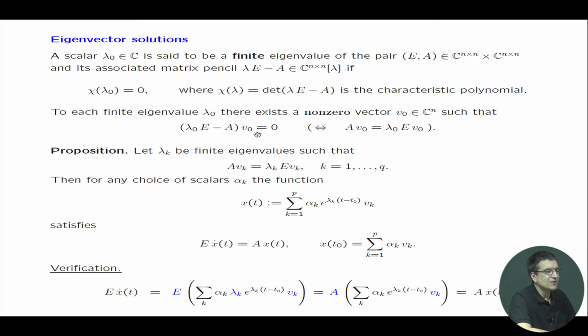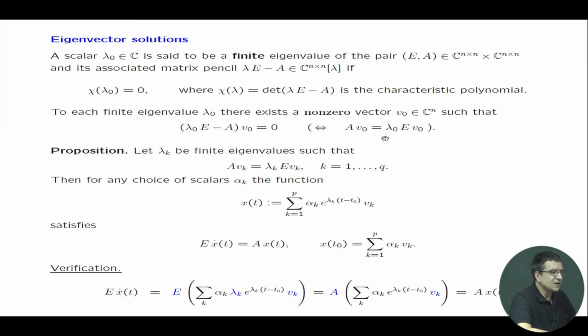You can reorder terms, and then you recover the typical eigenvector-eigenvalue relation: A times the eigenvector equals lambda times E times the eigenvector. Now we have an E here. In the standard case, we have the identity matrix and can omit this.